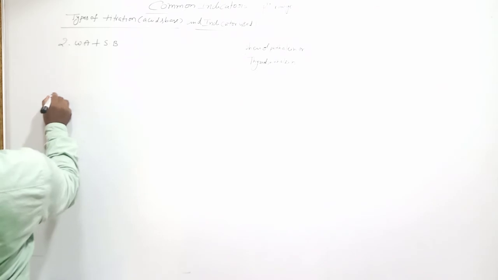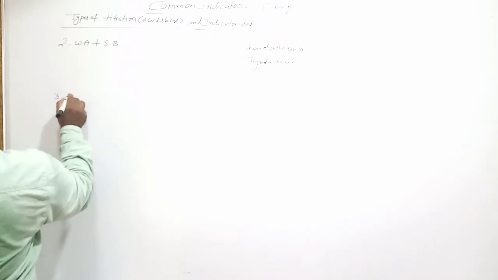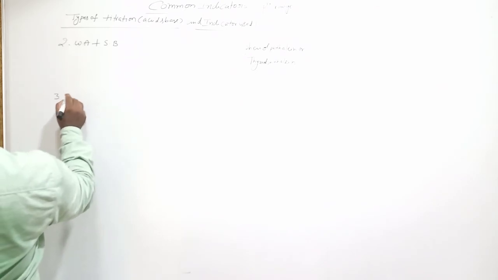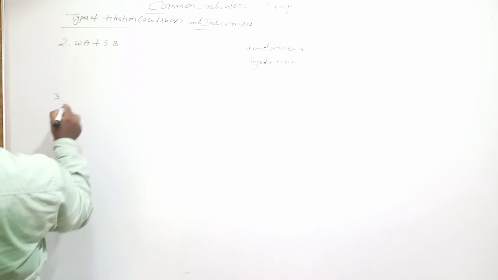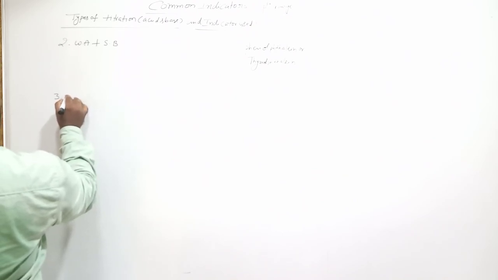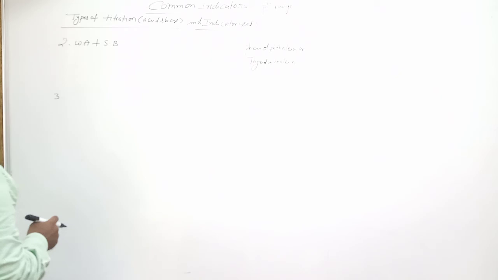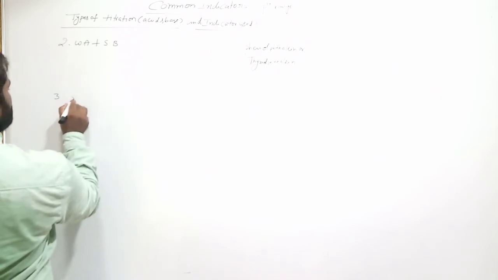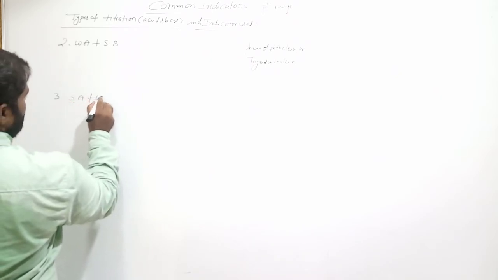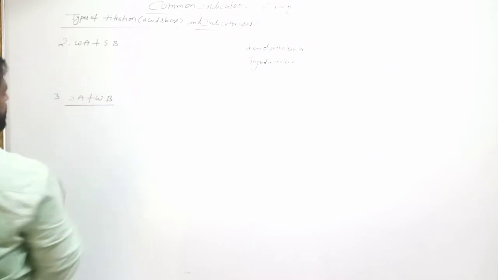And the third one. Strong acid and strong base is over, weak acid and strong base is over, and now strong acid and weak base. This is the third titration.